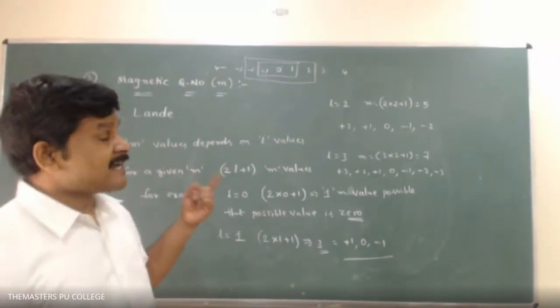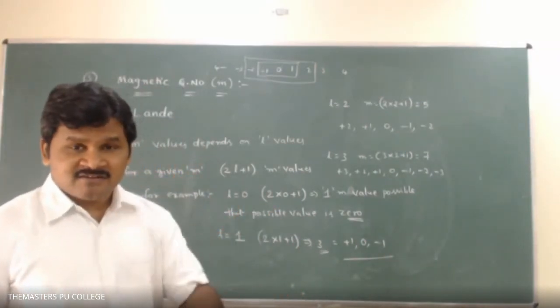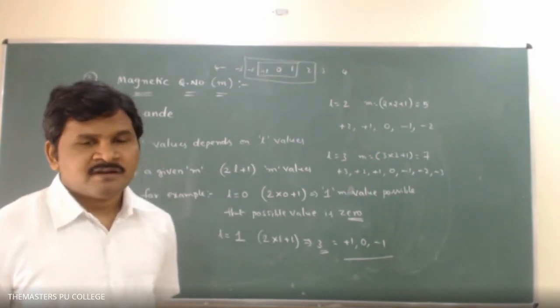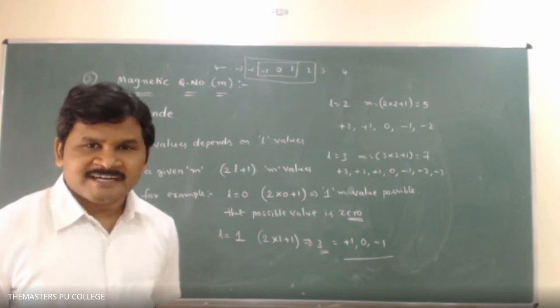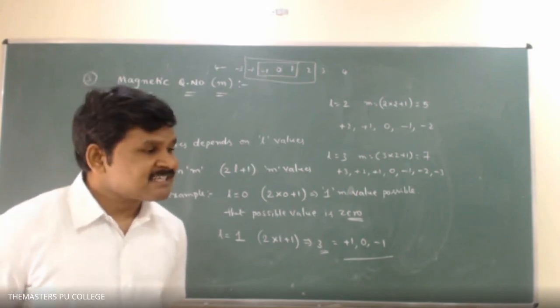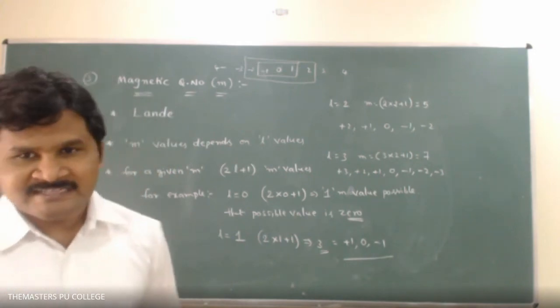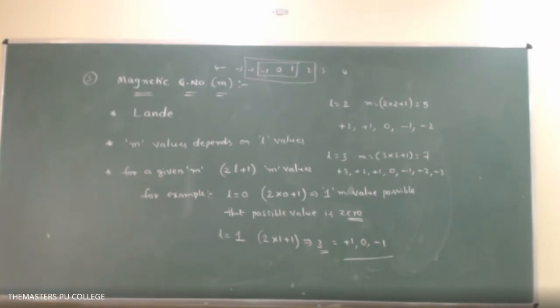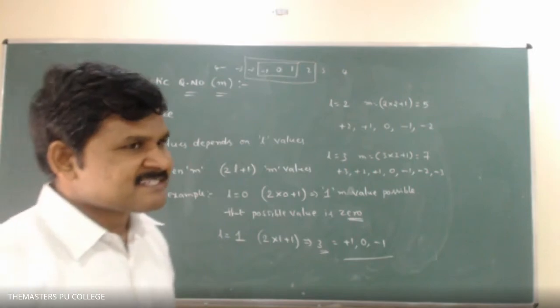This magnetic quantum number signifies the orientation of the orbital around the nucleus in a given space.